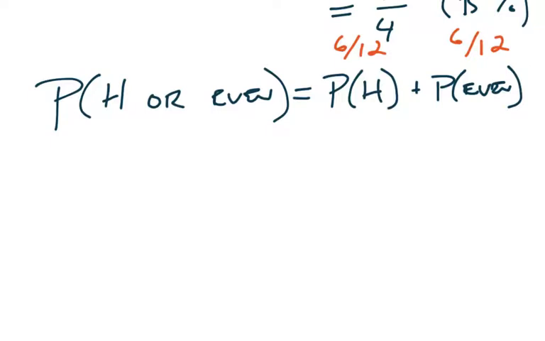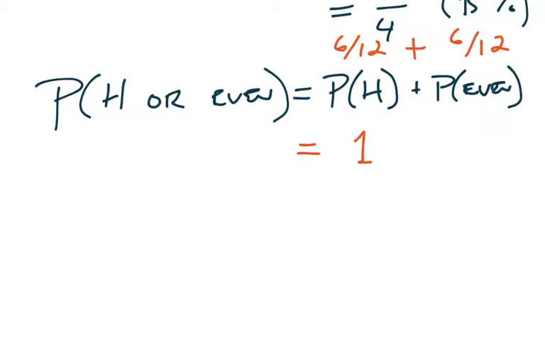All right, so the first thing that we think of, because it worked in the last 2 examples we did in the last video, is just to add them together and see what we get. All right, so our naive approach, which is not a bad thing, it's just the first thing we're doing, says that if we add these together, we would get 6/12 plus 6/12, in other words, 1/2 plus 1/2, and that would tell us that we have probability 1.